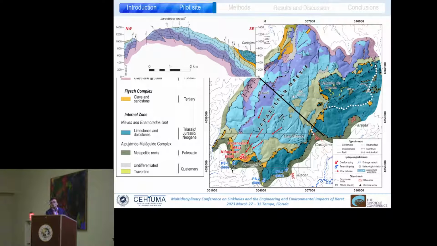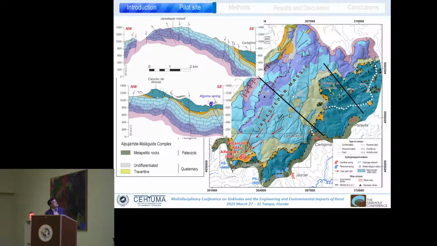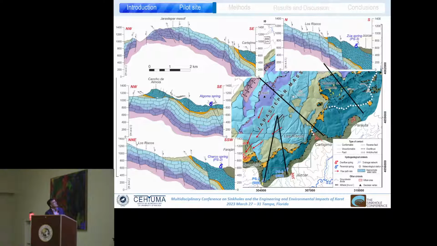So tectonically the area is complex, but the structure is similar at different places. You can see more or less the same structure.